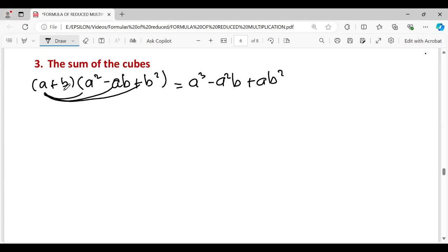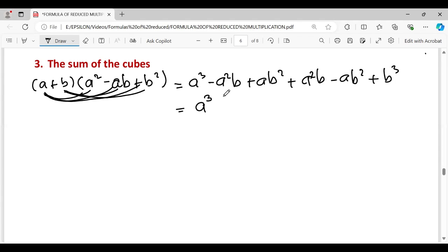Then b multiply a squared is plus a squared b, b multiply minus ab is minus ab squared, b multiply b squared is b cubed.